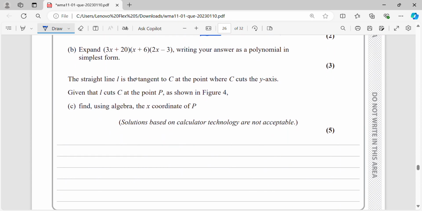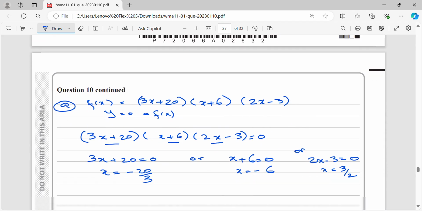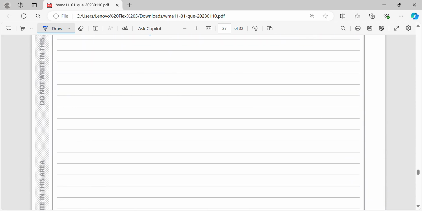In part B, it says expand (3x plus 20)(x plus 6)(2x minus 3), writing your answer as a polynomial in simplest form. Okay, we need to expand 3 brackets here. Let's start part B. You can expand the second and third together, or the first and second together, as you wish.